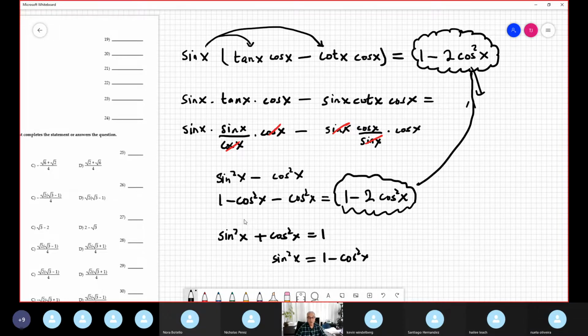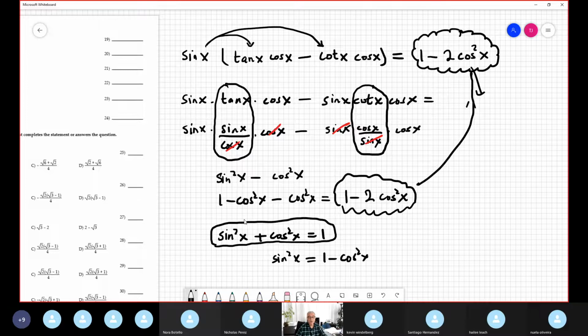Okay, you see, very frequently you are doing some small algebra. Using this identity is super important, and this is super important also. The tangent and cotangent identity, and the Pythagorean identity, one more time.